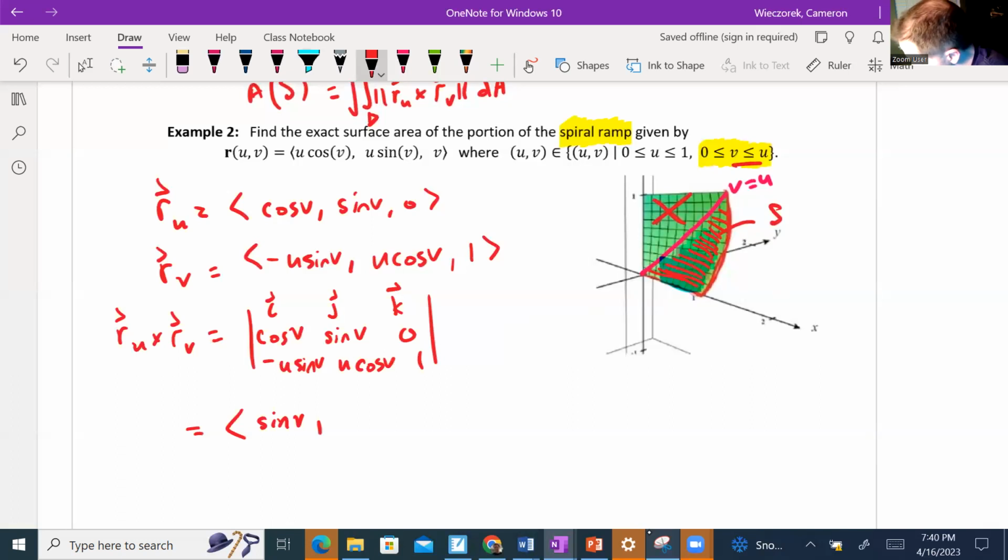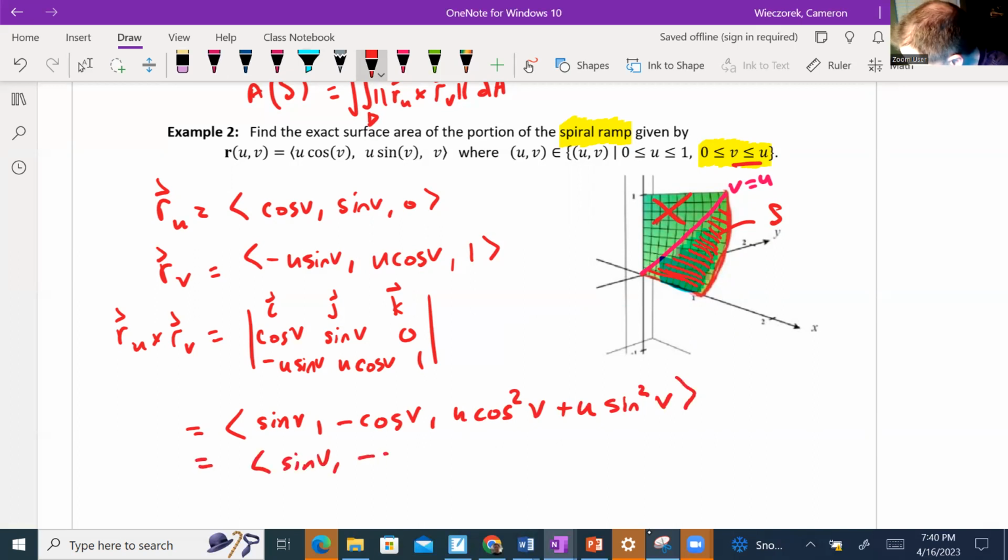We get negative cosine v minus 0, so negative cosine v. And then we get u cosine squared v minus negative, so plus u sine squared v. I see a sine squared plus cosine squared, which is 1. Definitely clean that up. It's worth it.